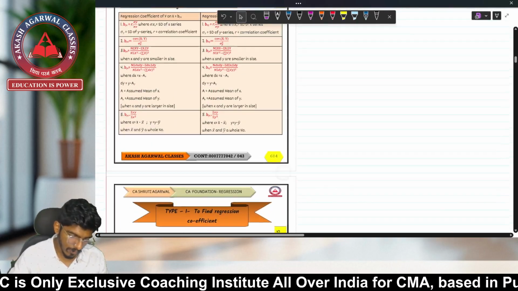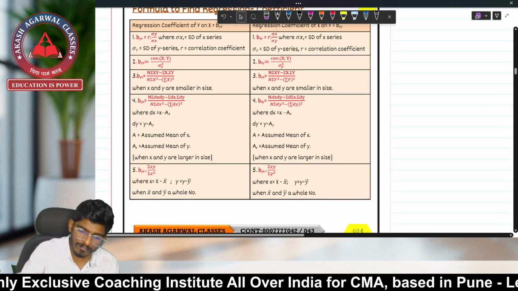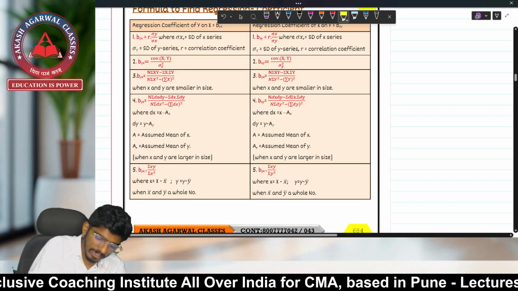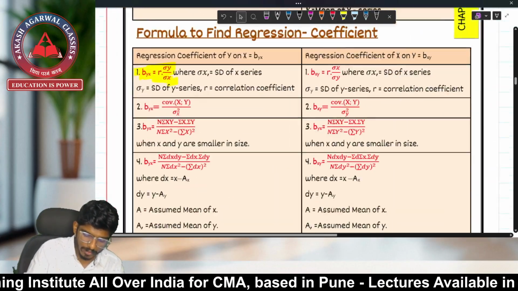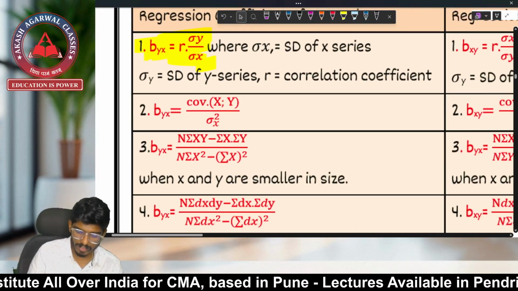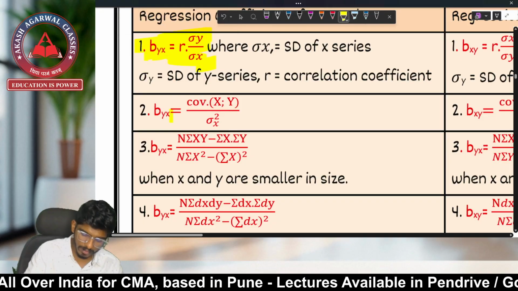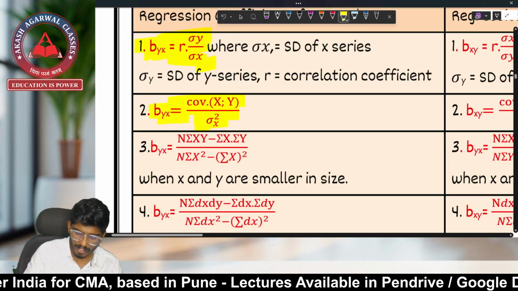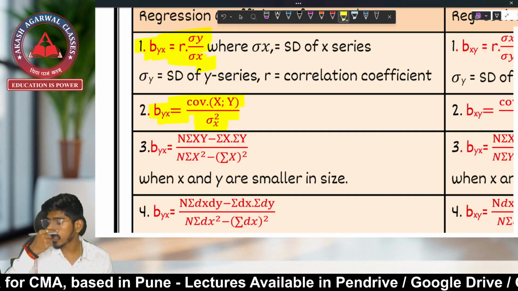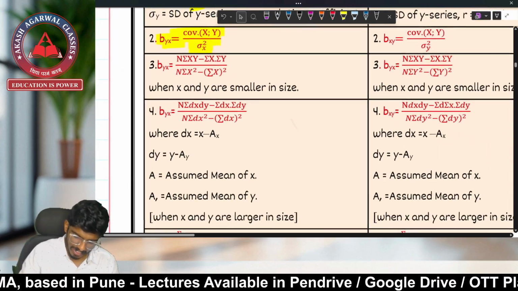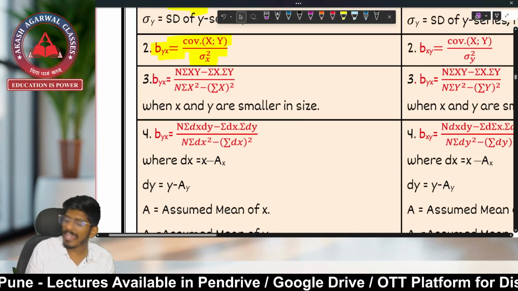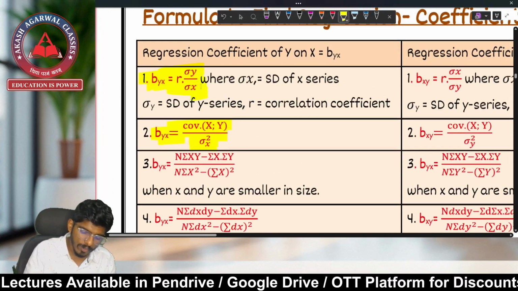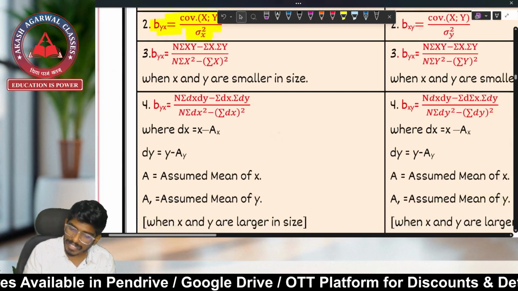So what are the other formulas, if you see over here? I have given you two basic formulas. Byx is equal to r into standard deviation of y upon standard deviation of x. Then byx is equal to covariance of x comma y upon standard deviation of x square. These are the two most important formulas that you must not forget at any cost.